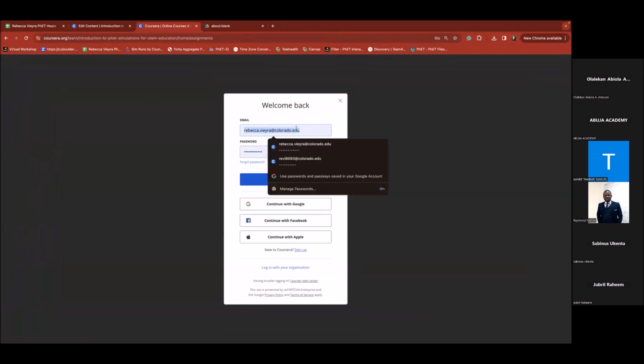You need to type it in here, abc at gmail.com. Do not continue with Google, because by clicking on this, the system from Coursera may not recognize you. So you'll need to do it here.